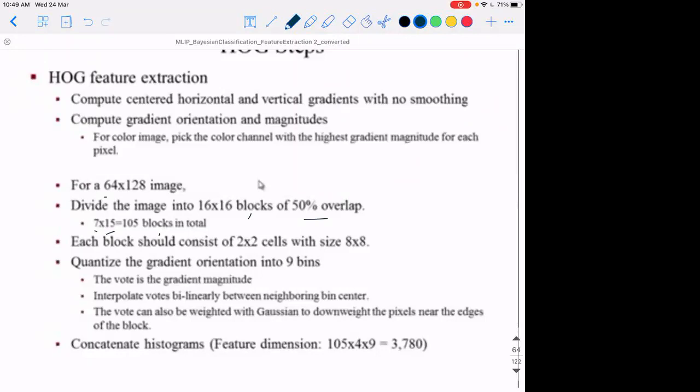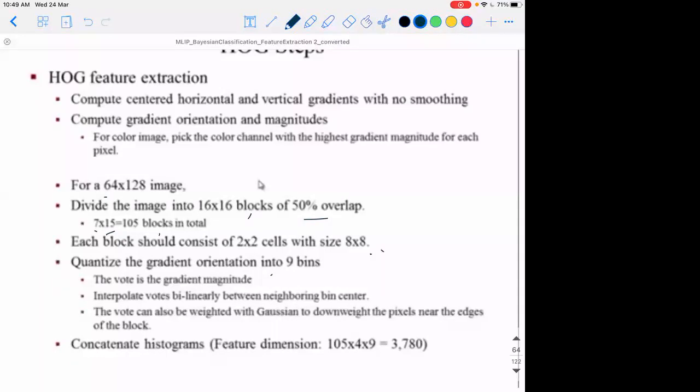For each block, they divided it into 2 cross 2 cells, and each cell is of dimension 8 cross 8. For each 8 cross 8 patch, they found a histogram of 9 bins. What is the dimension of the feature vector for each 8 cross 8 cell? It is 9 cross 1.